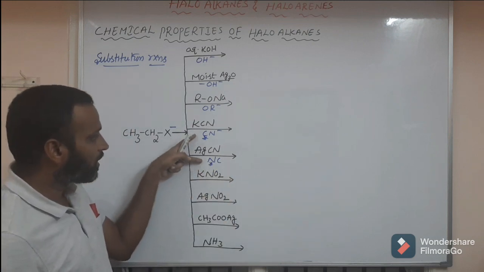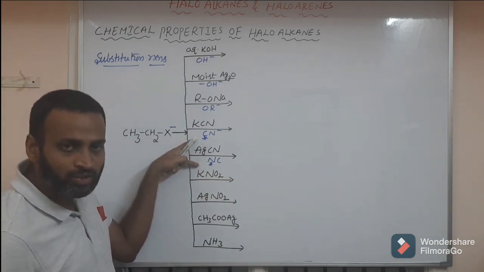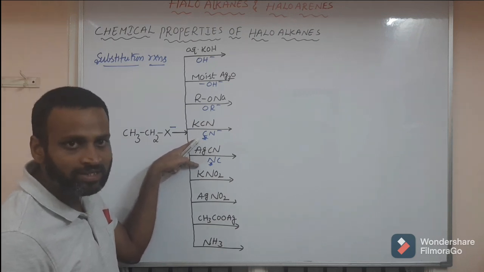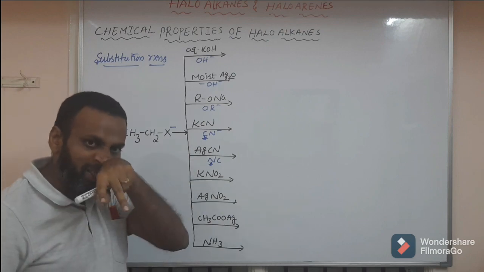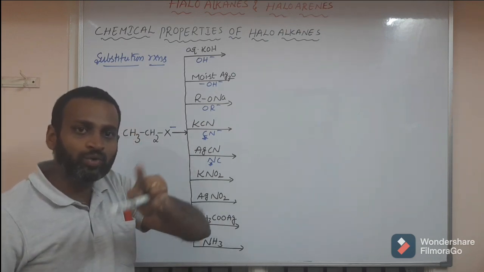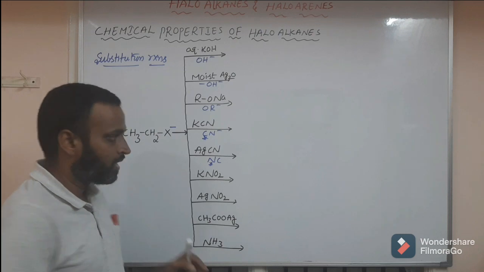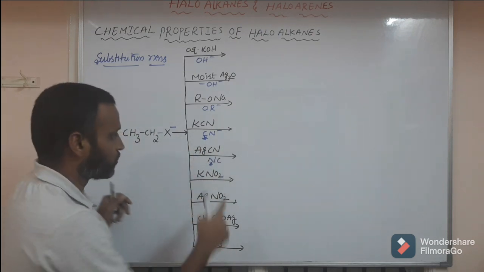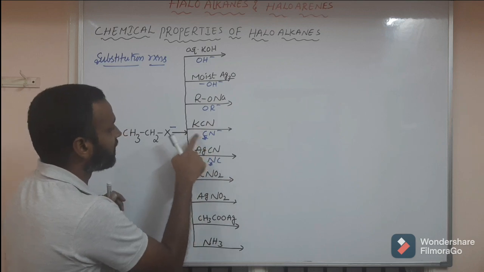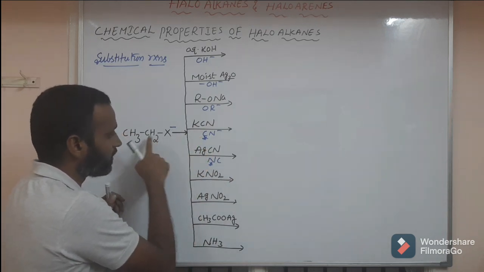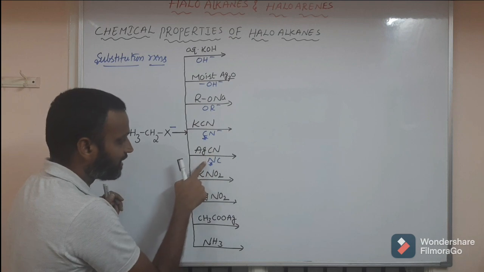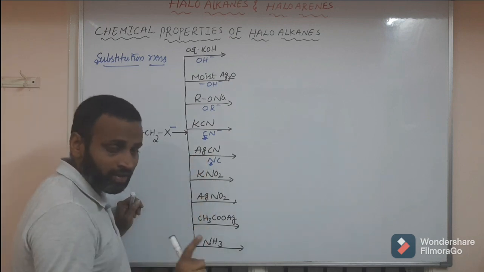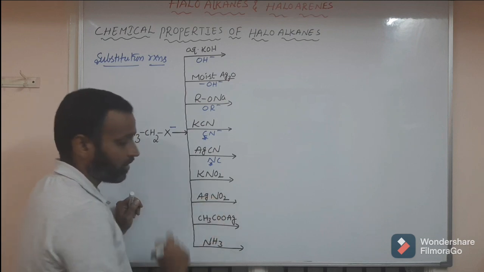So this CN is called an ambident nucleophile. As you know, in complex compounds and many times in organic chemistry we discussed, ambident means that in only one nucleophile two atoms can donate. Here carbon can donate, here nitrogen can donate an electron pair. So when you are using KCN, carbon is going to form a bond with this carbon, and when you are using AgCN, nitrogen will form a bond. Remember, when a silver salt is given, nitrogen will form a bond here.